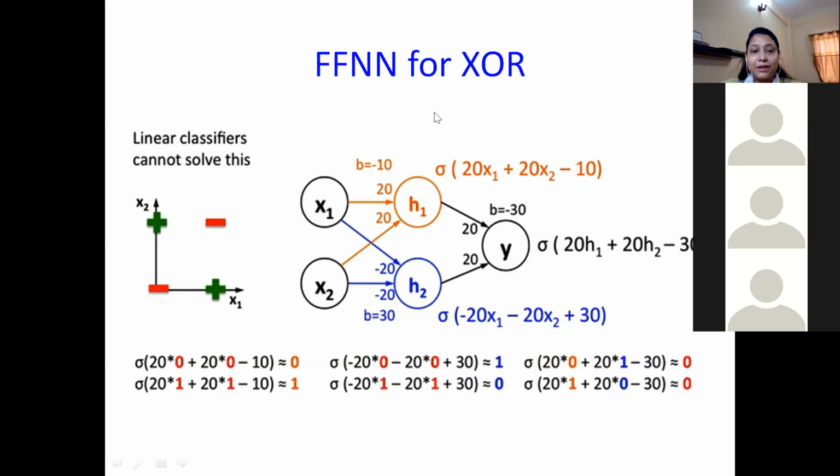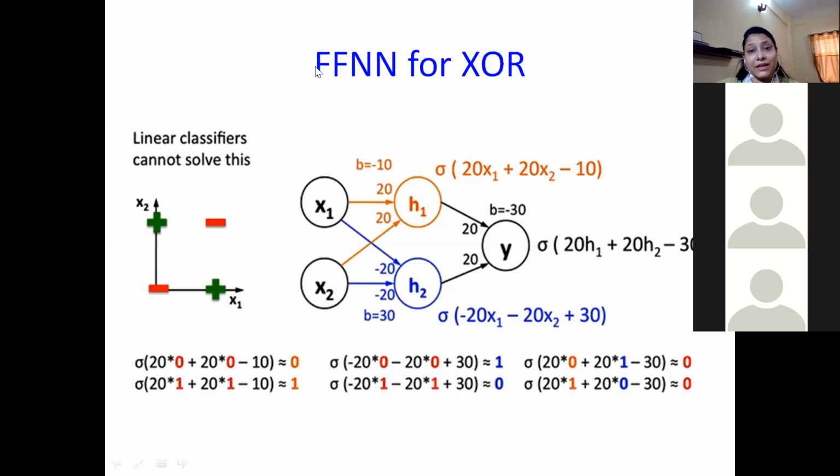Starting from the first left-hand side one, we have taken the X1 value as 0, X2 value as 0. That means we have computed this for the 0, 0 combination. So you will obviously get a result of minus 10. And if you remember from the previous class, if we are getting a negative value, that means the output is less than 0, then we label that output as 0.